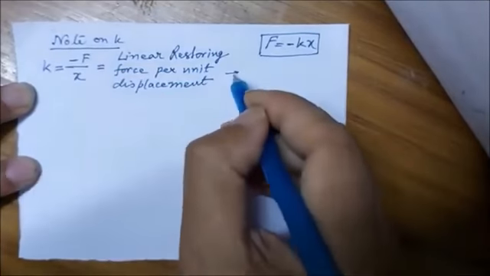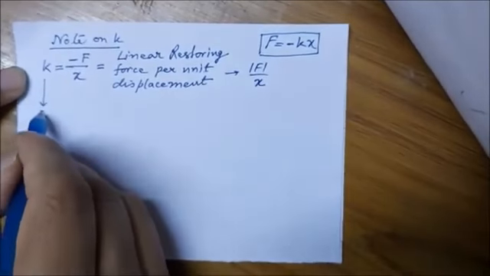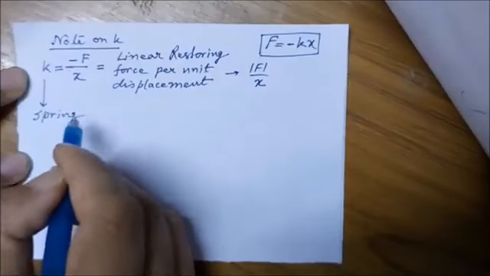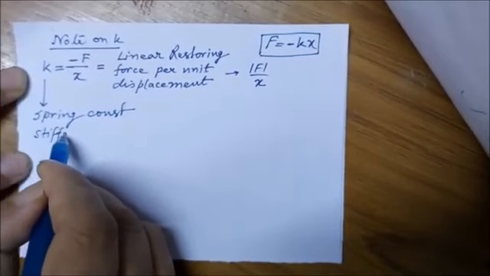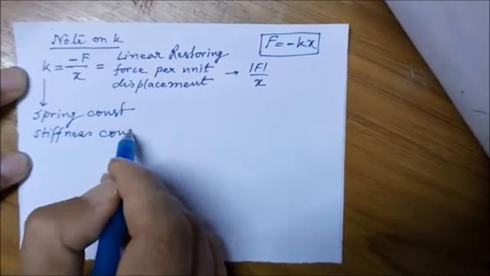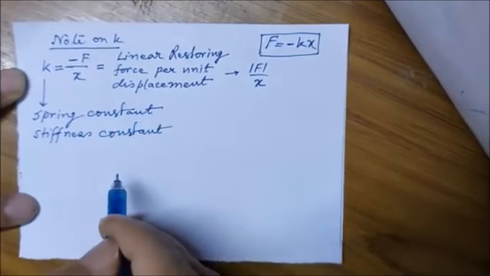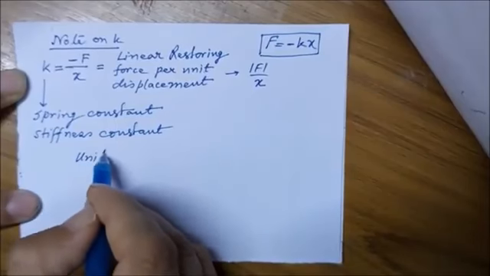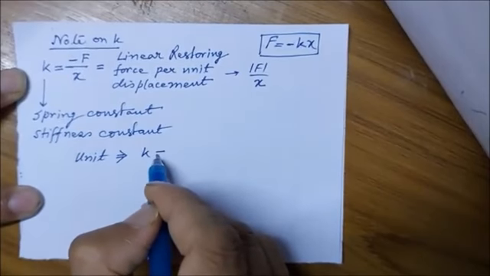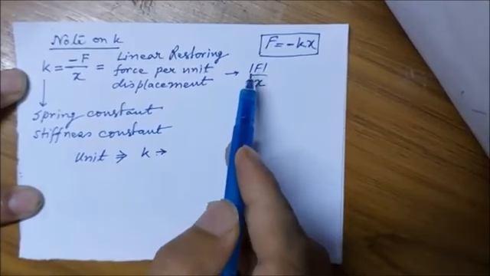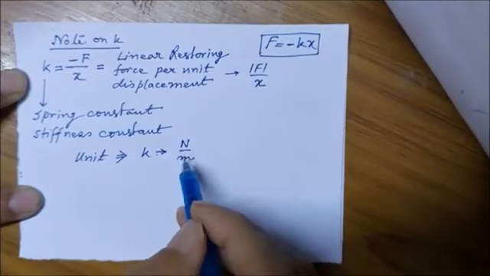We can also write it as mod f by x, and this k is called the spring constant. It is also called the stiffness constant. Now what is its unit? The unit of force is Newton and the unit of displacement is meter. So it is Newton per meter.